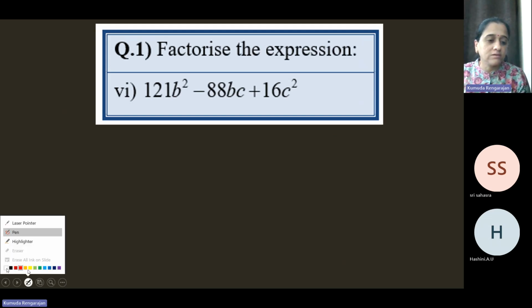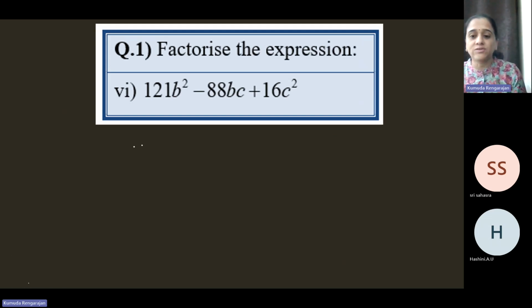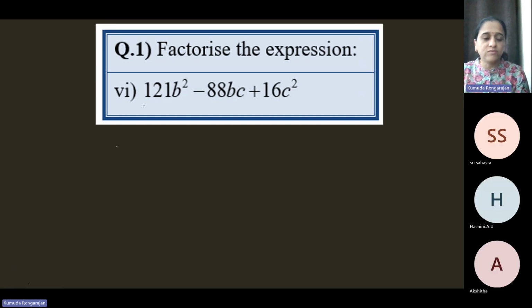All right. Continuing with factorizing expressions using identities. In this expression, we see that the first term 121b squared is a perfect square. It can be written as 11b the whole square. 16c squared is also a perfect square, which can be written as 4c the whole squared.